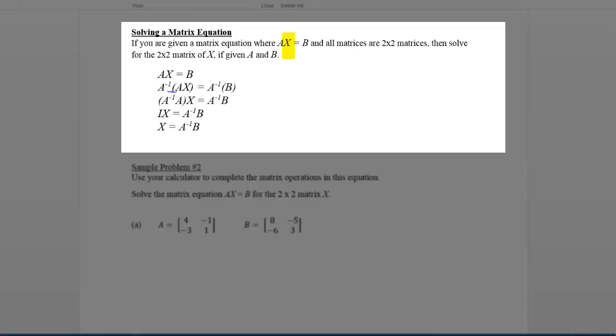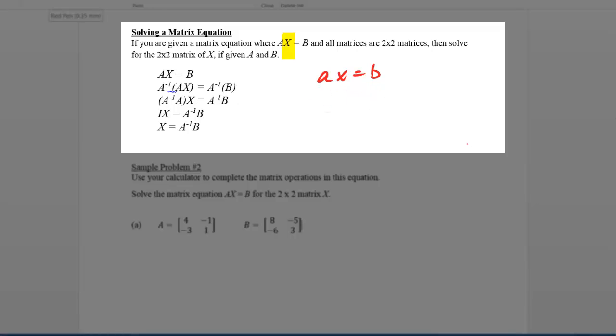And so in doing general algebra, this would work very similar to AX equals B. But the problem here is we would normally divide both sides by A to get rid of the A and have X by itself. Unfortunately, in matrix algebra, there is no division.